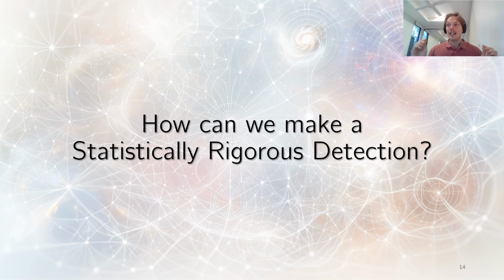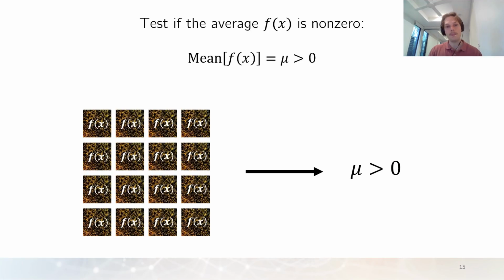One really important question here is, how can we make a statistically rigorous detection? Just because we have a model that can tell the difference in our particular sample of data doesn't necessarily mean that we've discovered interesting new physics. This is one of the most crucial parts of this approach: making sure that we can really claim that what the machine learning model has learned is a statistically rigorous detection of parity violation.